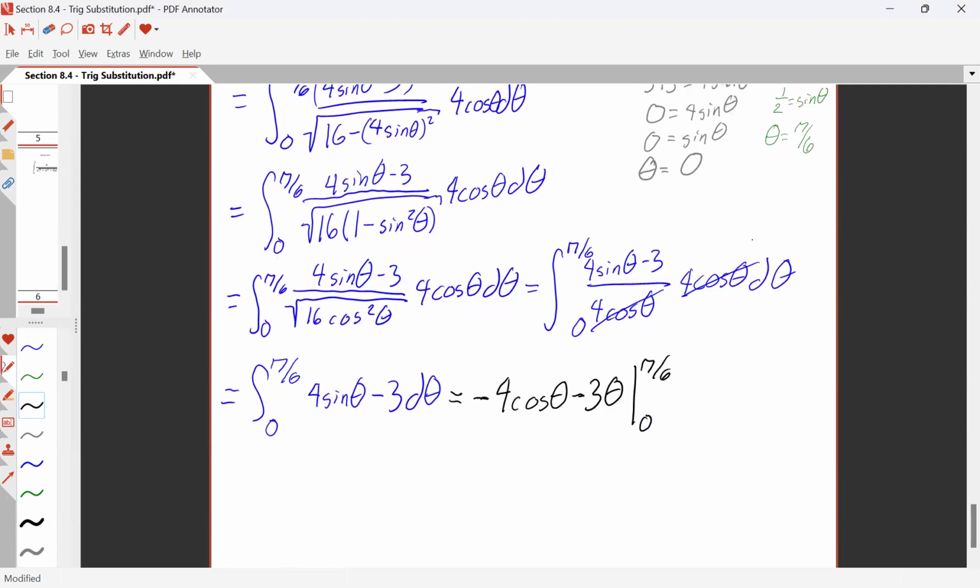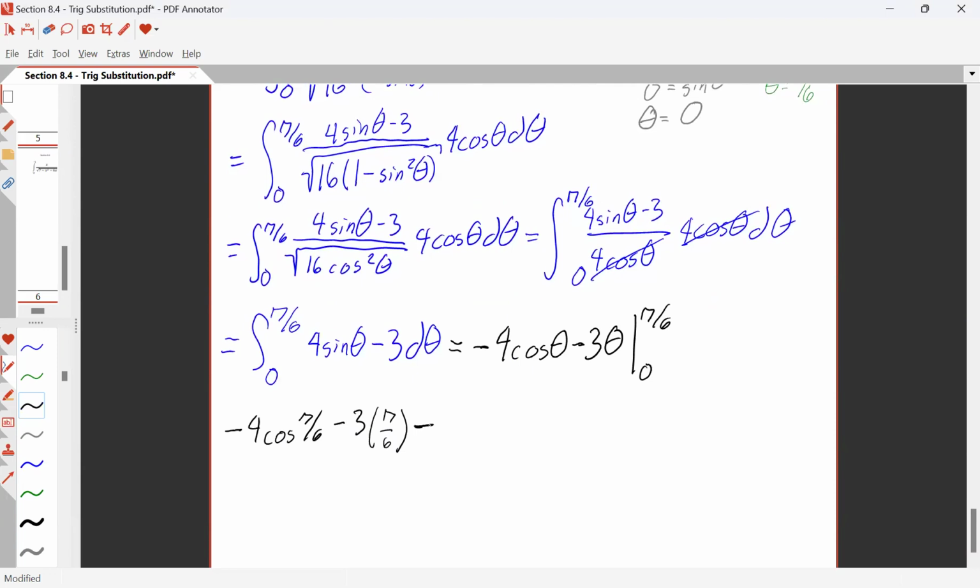Plugging in our upper bound, we get -4 cosine of pi over 6 minus 3 times pi over 6. Minus, now we plug in the lower bound, -4 cosine of 0 minus 3 times 0.